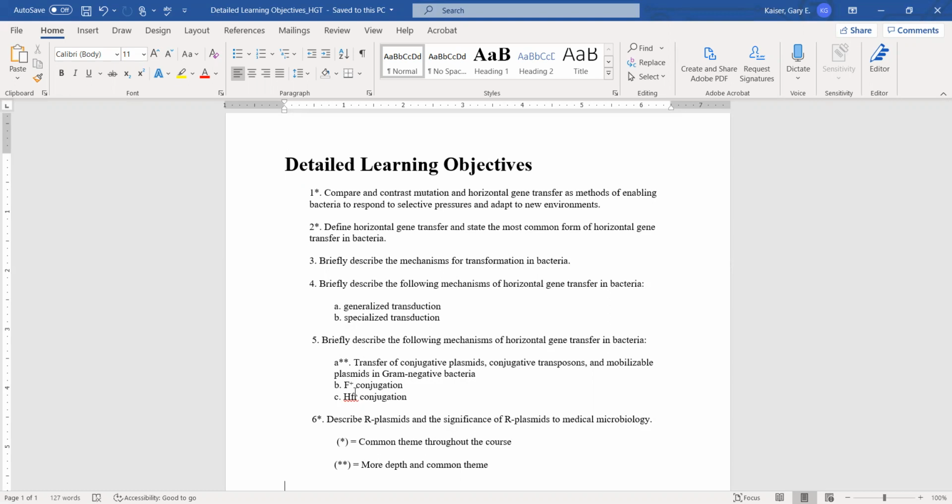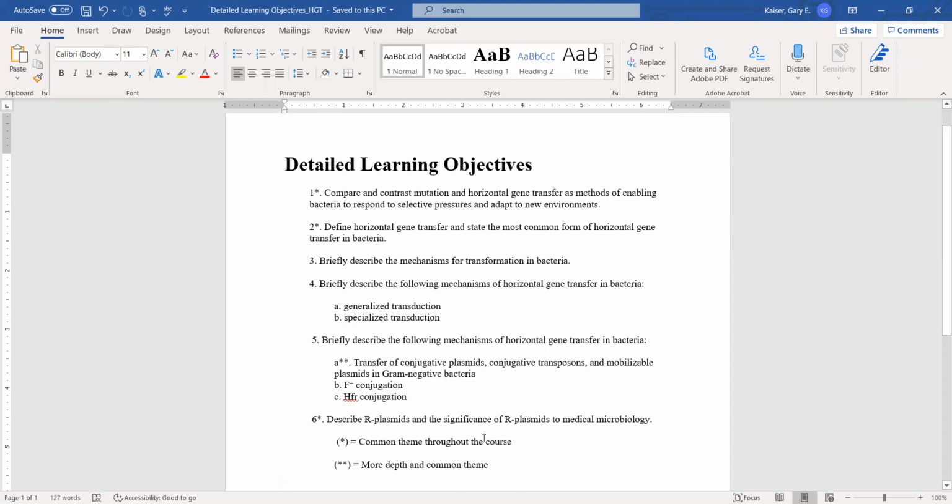And so what you'll probably see on objectives like 3 and 4, or parts B and C of objective 5, is a multiple choice question where you would recognize the description of that mechanism on the exam. If there's a single asterisk, like in numbers 1 and 2 and 6, that means it's a common theme throughout the course.